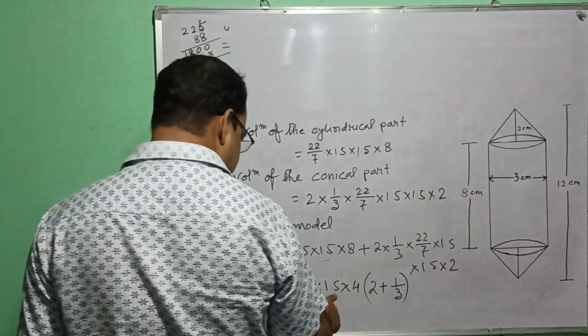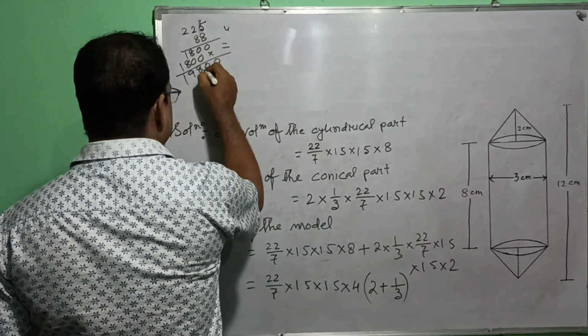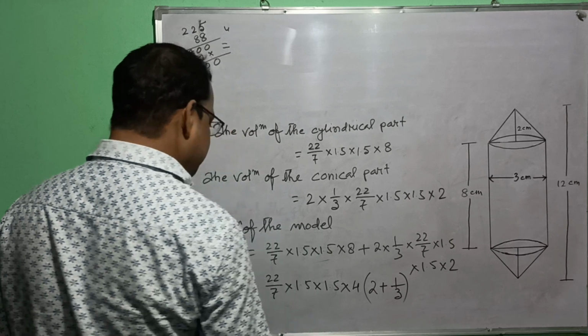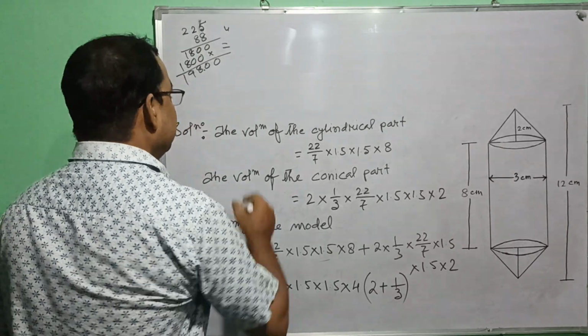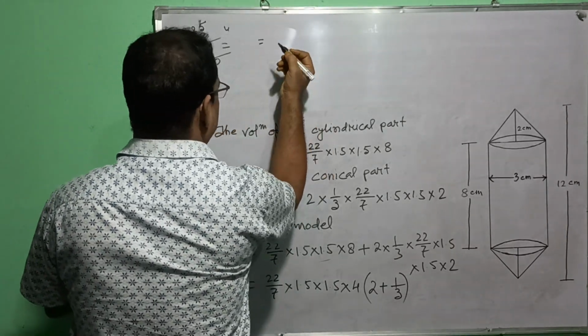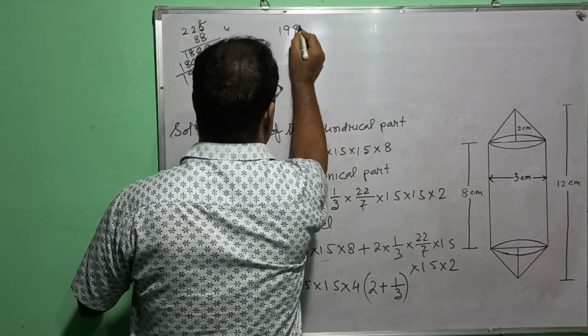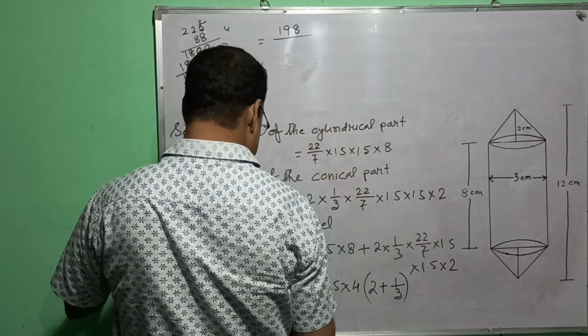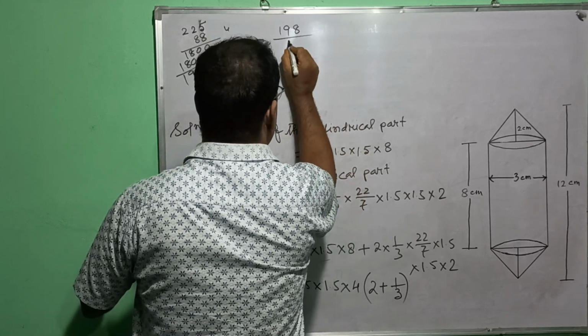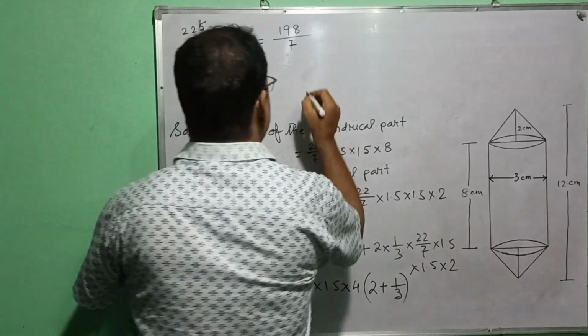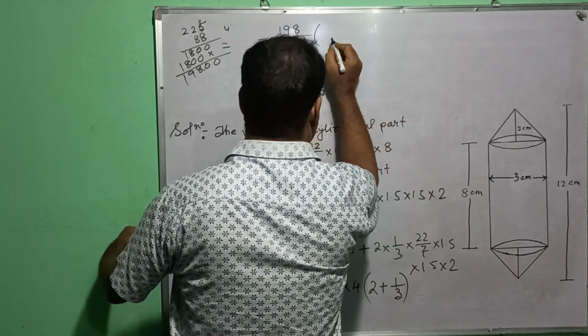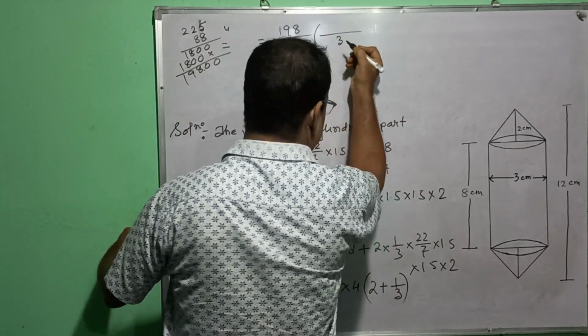So how many decimals are there? Here 2 decimals. So we'll put here the decimal. So 198. We got here 198. So we'll write equal. Here it is 198 divided by 7. Here it is 7 into, let us take 3.